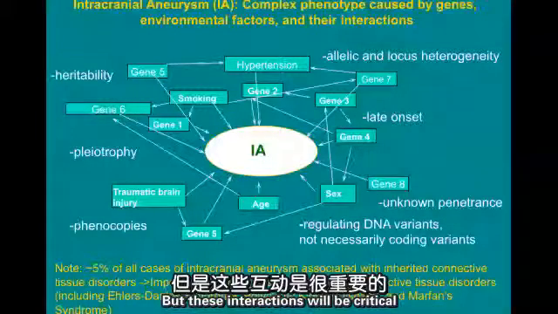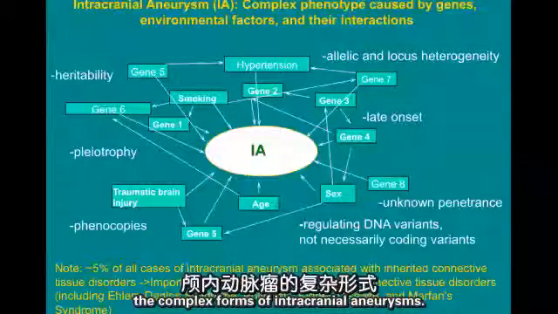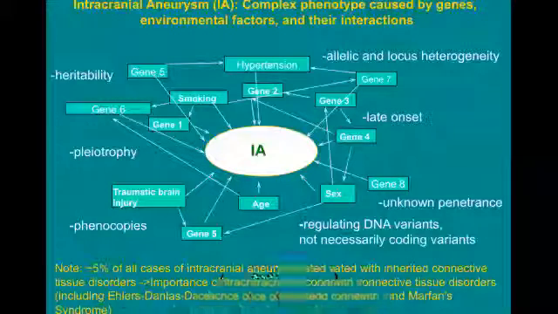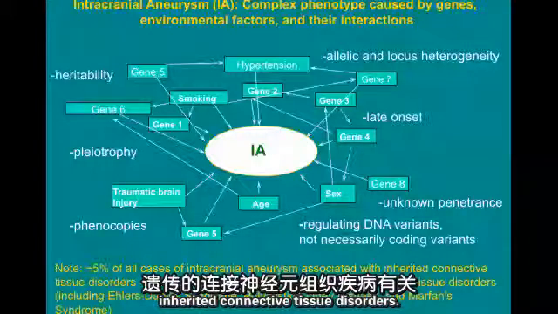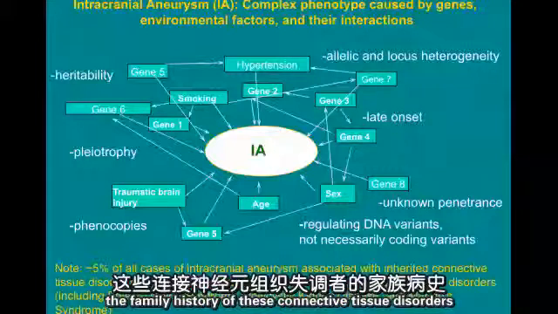But these interactions will be critical, so that will be the bulk of the common complex forms of intracranial aneurysms. And it's worth noting that about 5% of all of these cases are associated with inherited connective tissue disorders. So it's very important to ask about the family history of these connective tissue disorders.